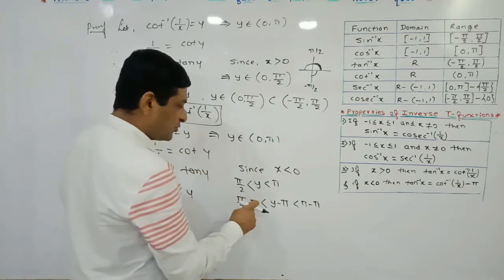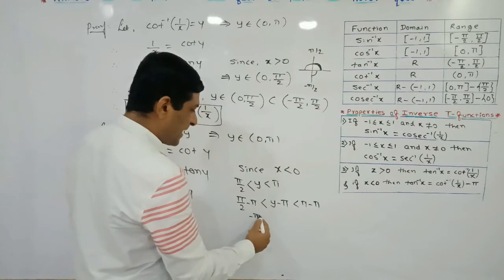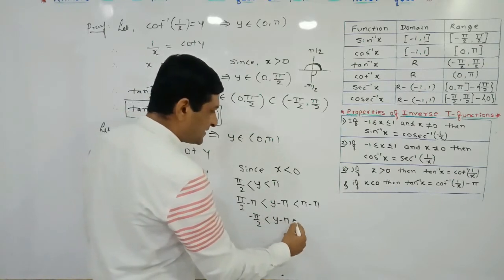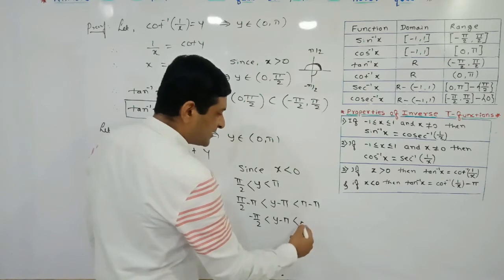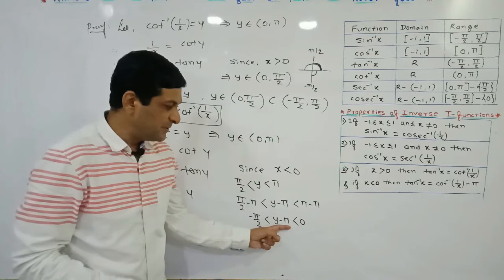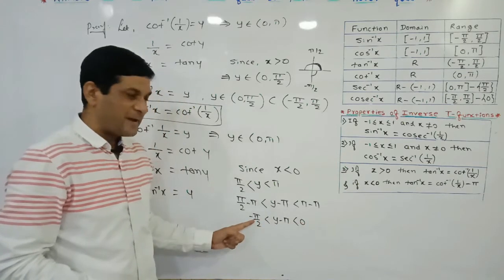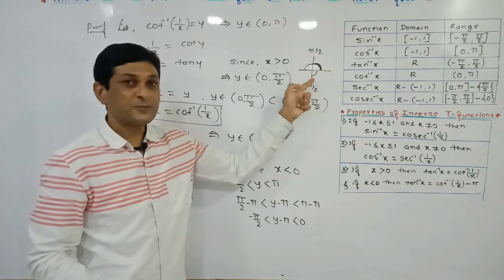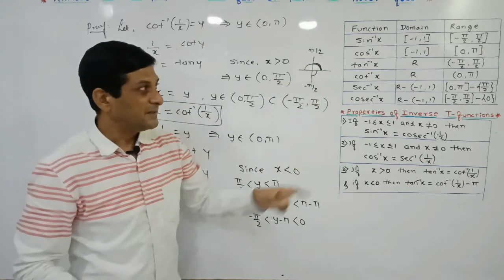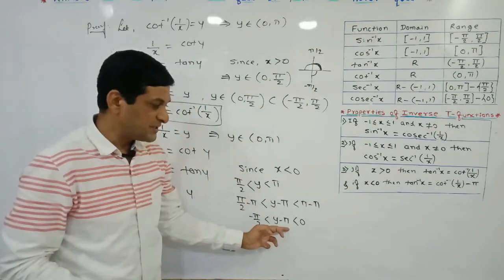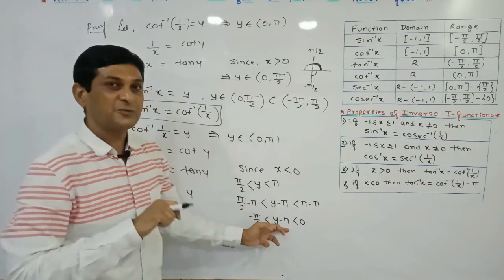Now pi by 2 minus pi will be equals to minus pi by 2, keep y minus pi as it is, less than pi minus pi which is 0. Now y minus pi lies in between minus pi by 2 and 0, and this belongs to the range of tan inverse. So that's why we are able to consider y minus pi as its principal value.